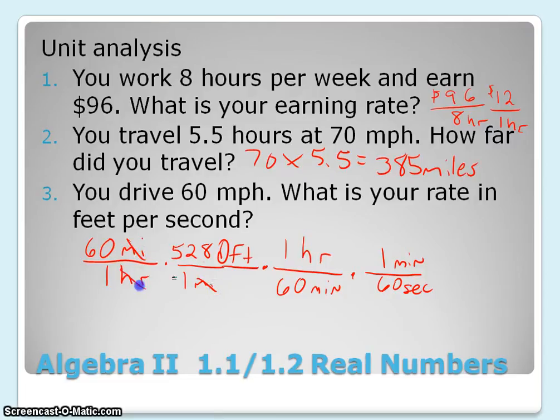So we got our miles to go away, hours to go away, and minutes. So now we're down to feet and seconds. And then we see there's 60 over here and 60 over there, so I'm just going to go ahead and cross them out. You don't have to. But when you multiply it all out and divide, we get 88 feet per second.